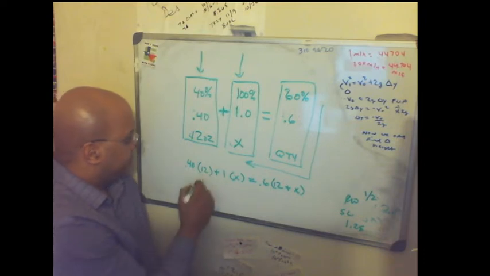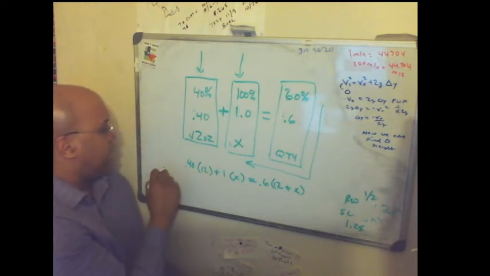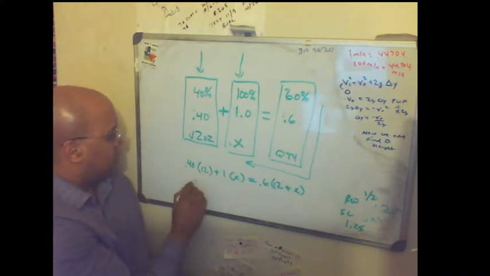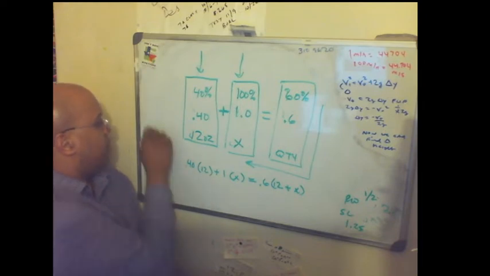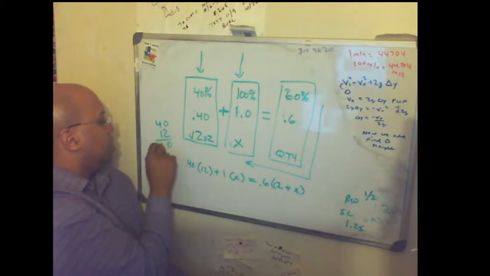So we need to multiply 0.40 times 12, which is 4.8, two decimal places.